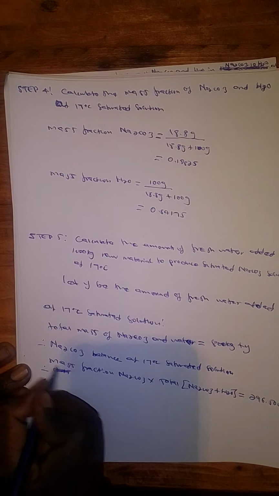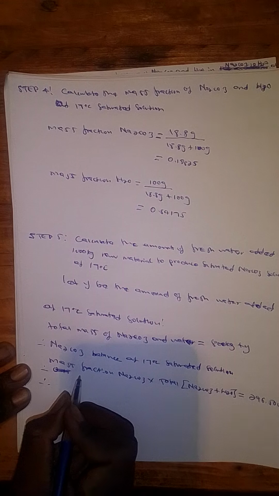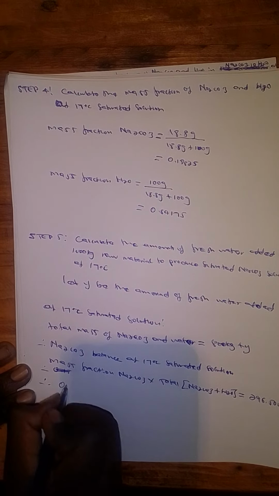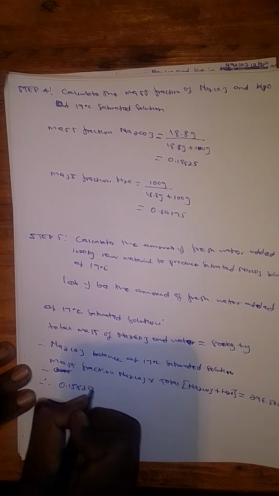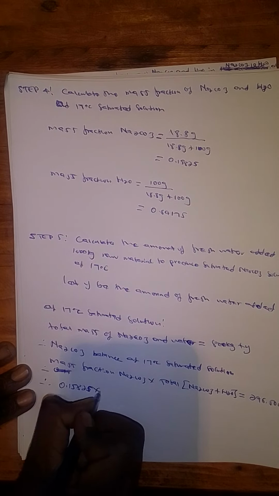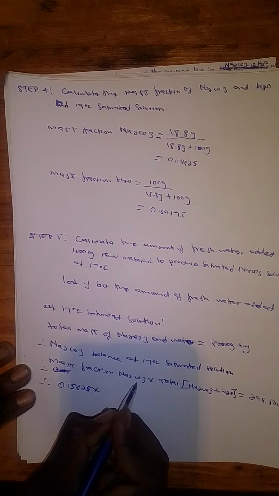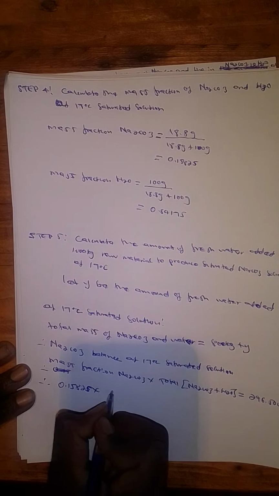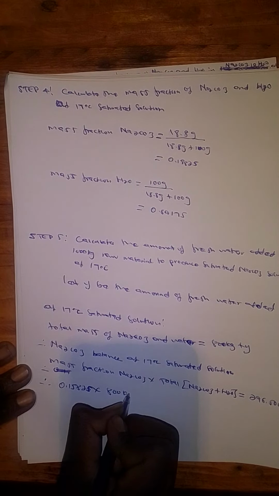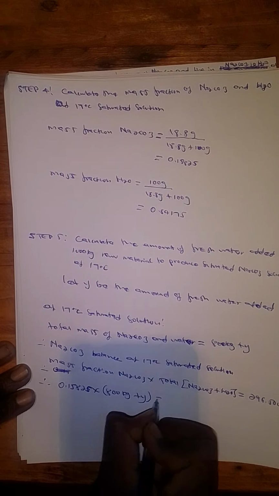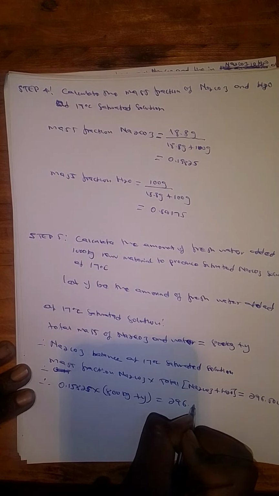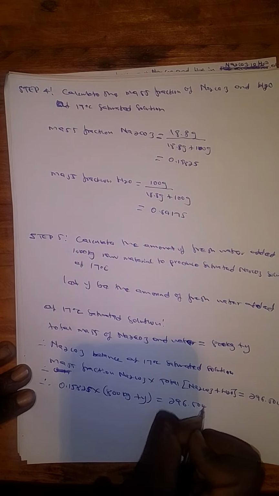With that said, I can say the mass fraction of Na2CO3, we already calculated it to be 0.15825, and then we multiply by the total there, we know it's 800 kilograms plus y, right? And then it's equal to 296.504 kilograms.